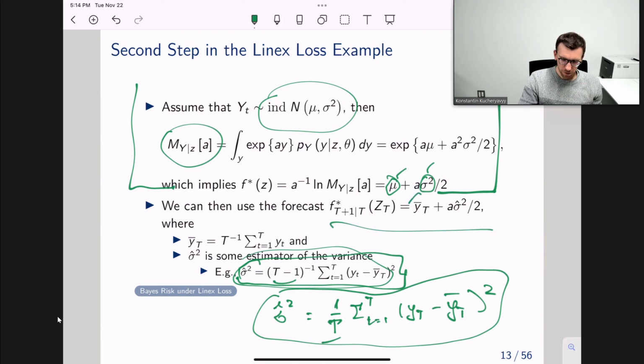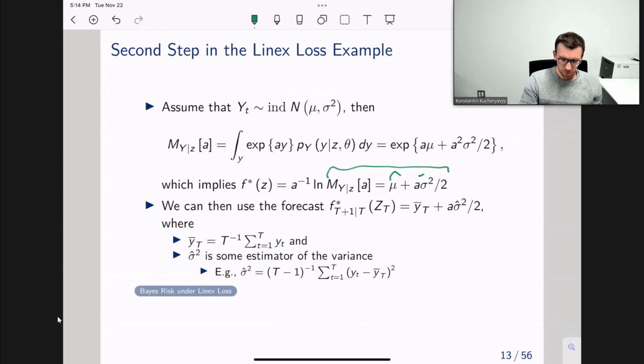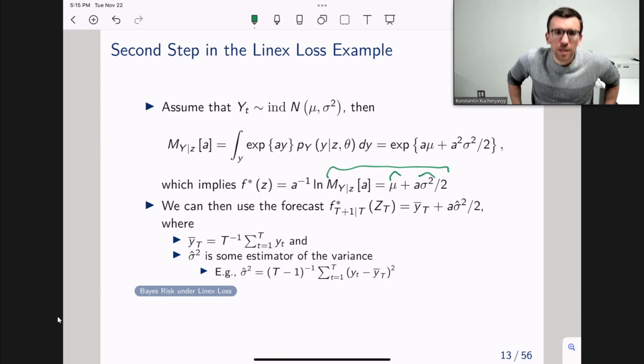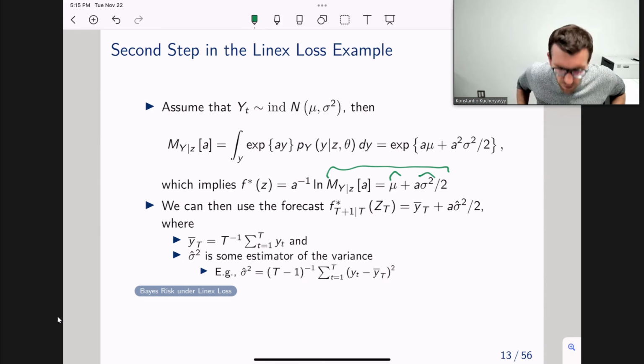You derive this first step, it depends on mu and sigma squared. Fine, then just substitute mu and sigma squared from somewhere. I think I have an example to work on in the tutorials about this. And you will see how it changes when you use an estimate that is consistent with the loss function and that is not consistent with the loss function.